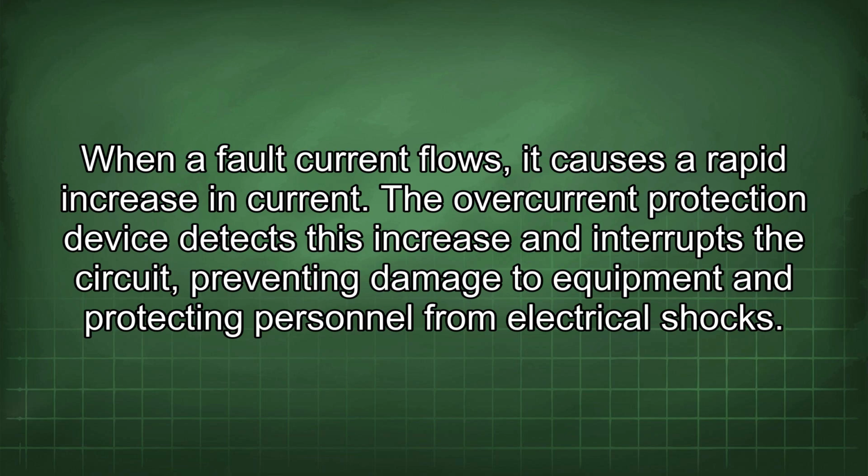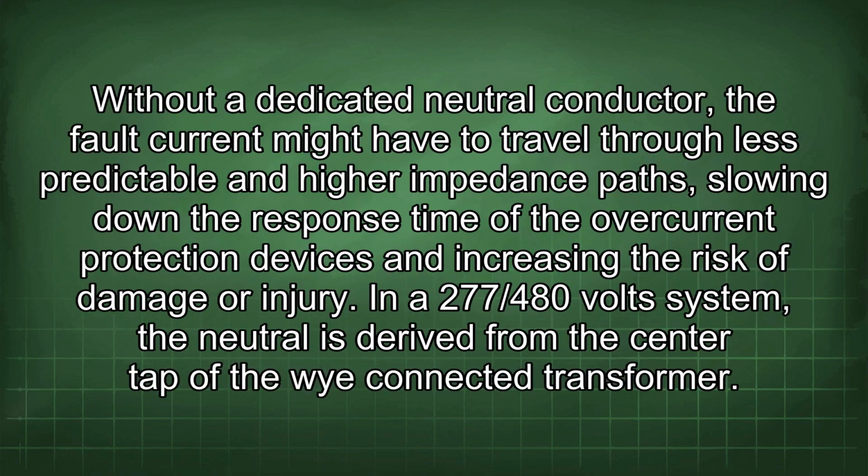The overcurrent protection device detects this increase and interrupts the circuit, preventing damage to equipment and protecting personnel from electrical shocks. Without a dedicated neutral conductor, the fault current might have to travel through less predictable and higher impedance paths, slowing down the response time of the overcurrent protection devices and increasing the risk of damage or injury.